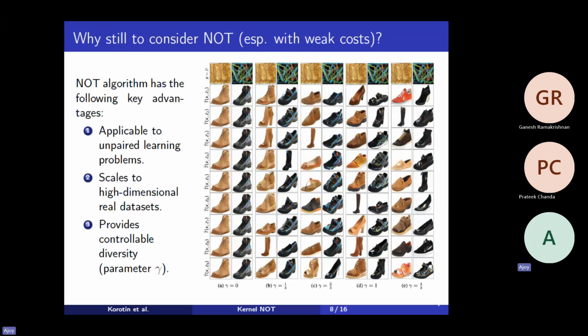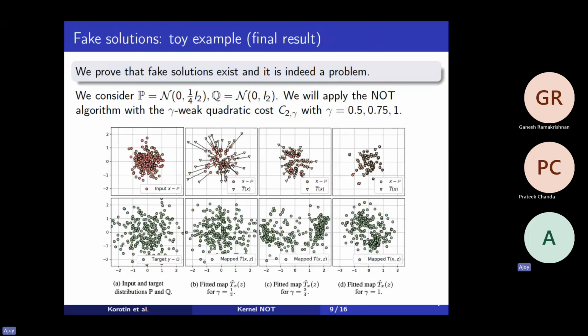This is basically deterministic: every time all outputs are the same, it doesn't change with z. But as you keep increasing gamma, the outputs start changing, and sometimes we want this behavior. We want more diversity in our outputs. So that is why NOT is still useful, and if you can improve it, it's all good.